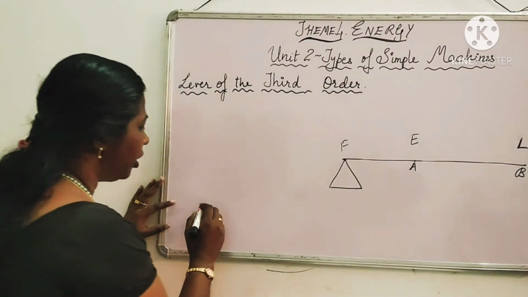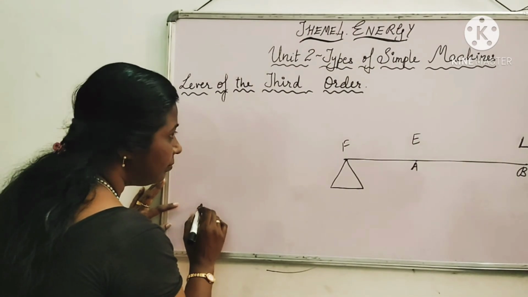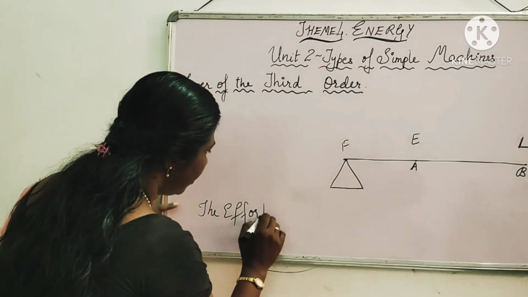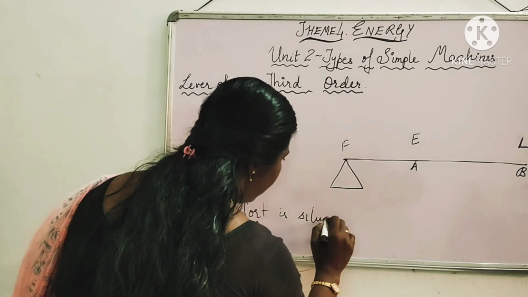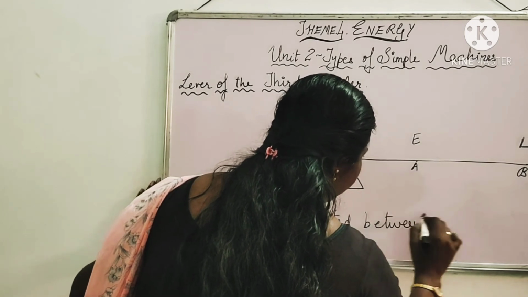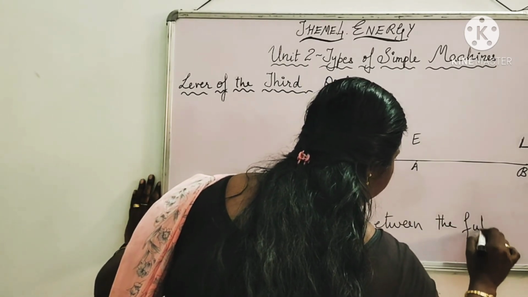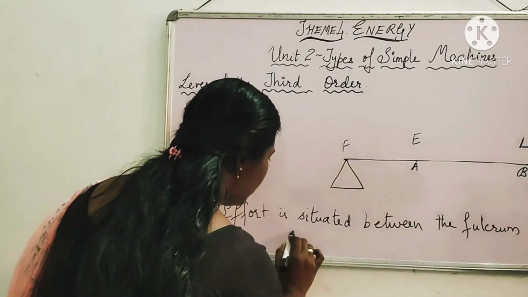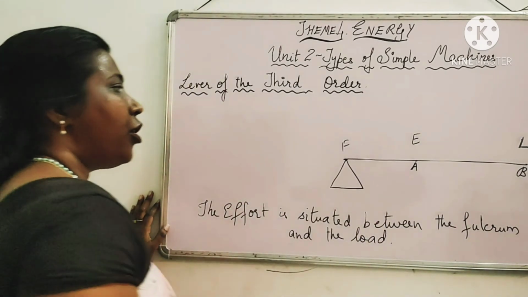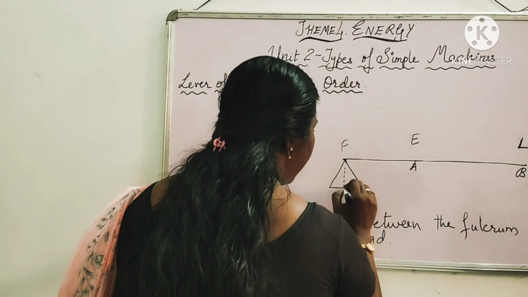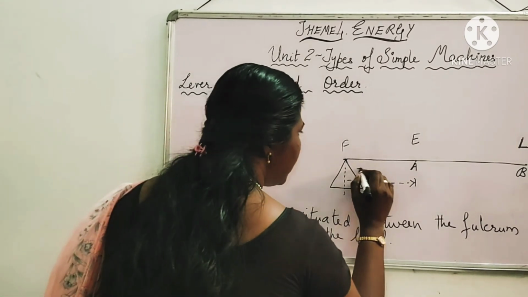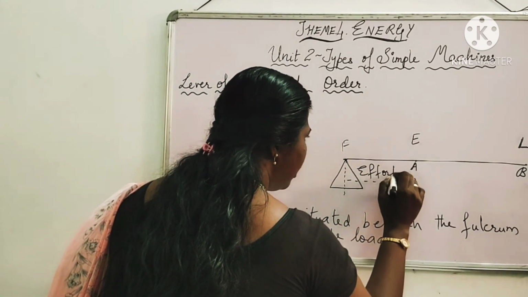For finding it, first we note down that the effort is situated between the fulcrum and the load. Now see here, if I calculate the distance, this is the effort arm. Effort is here, so this is less. Effort arm is less.